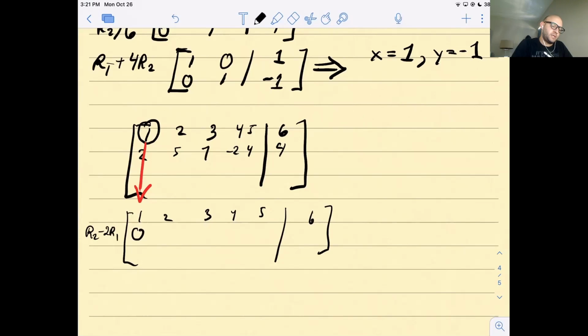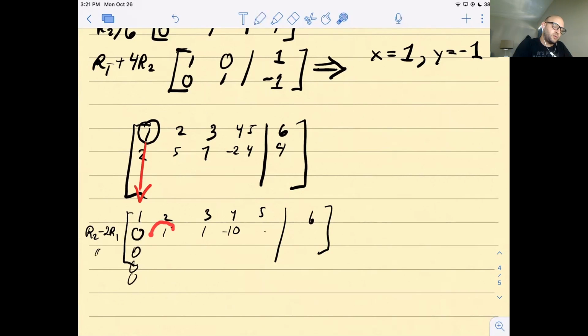And then this would be 1, this would be 1, 1, -2 minus 8 would be -10, and so forth. So you can do that. And then you do the same thing over here. So you turn this into a 0, 0, 0.